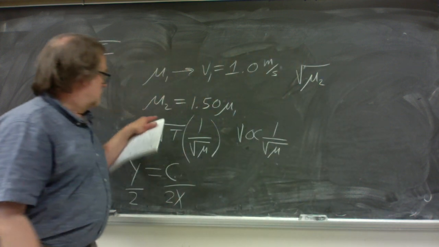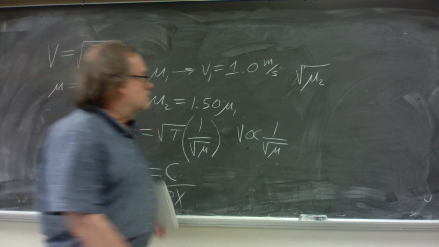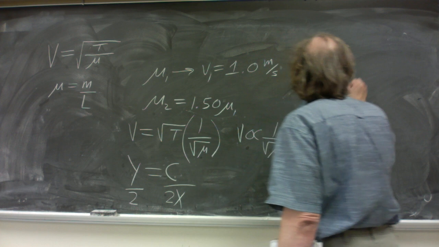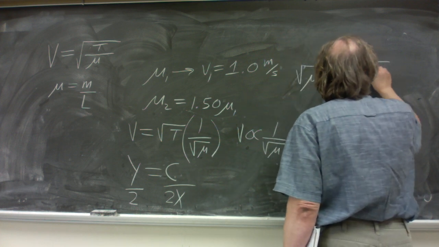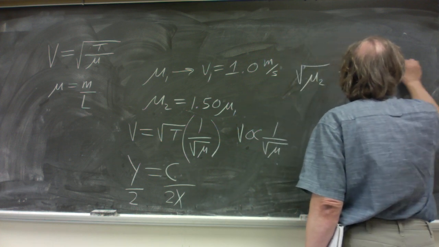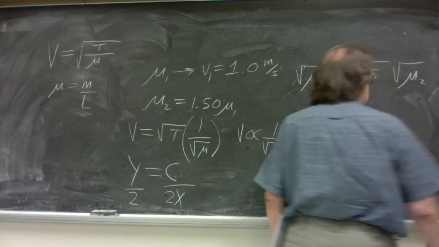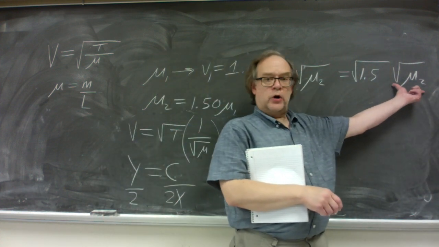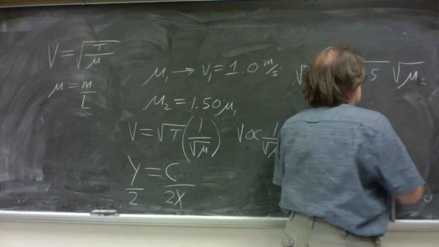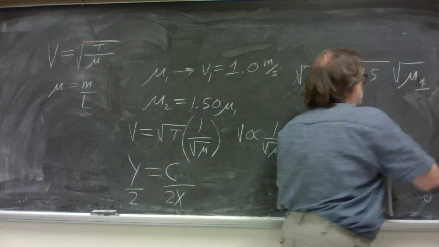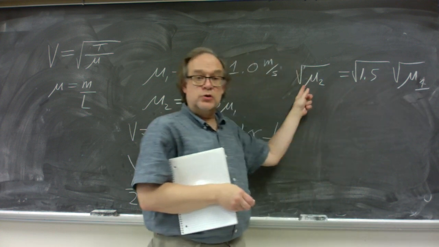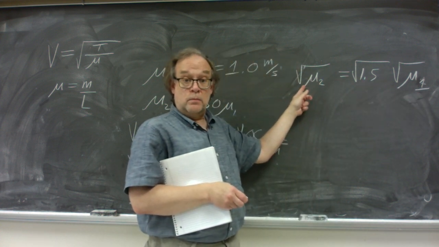New square root of mu, square root of this equals square root of all this, so square root of 1.5 times square root of old mu. So old square root mu times this factor gives you new square root mu.